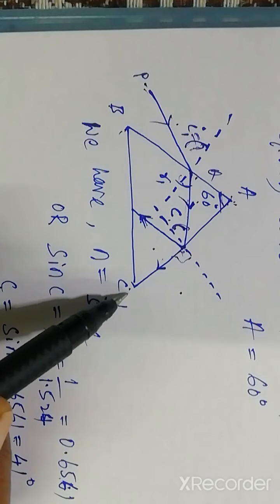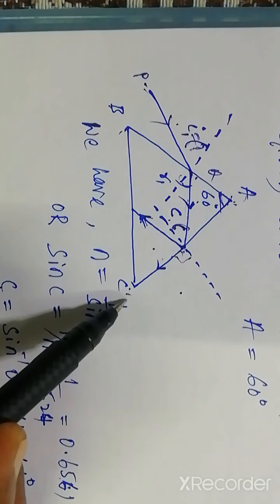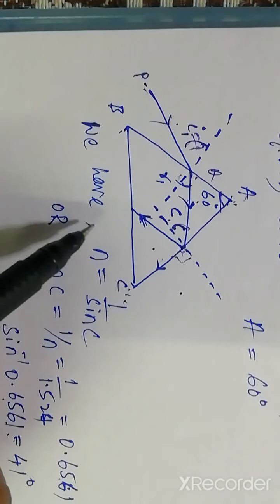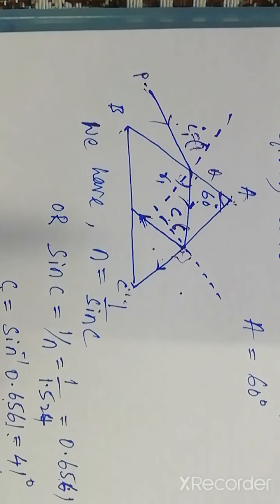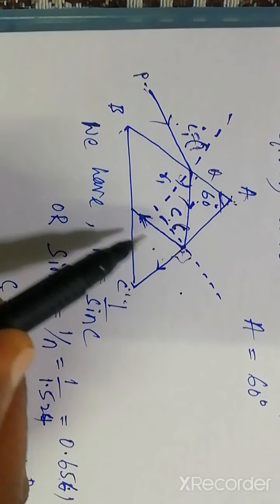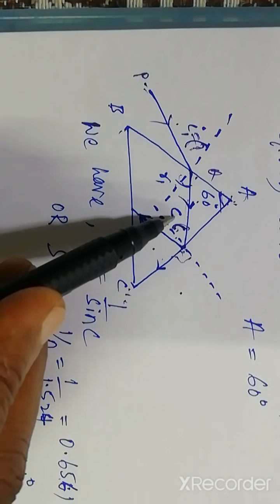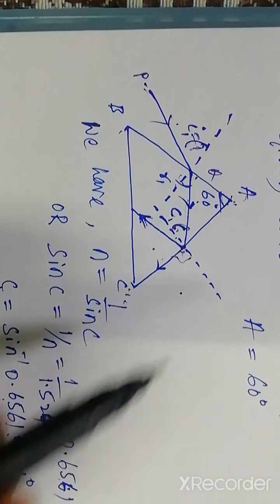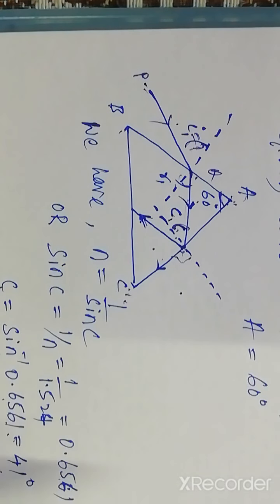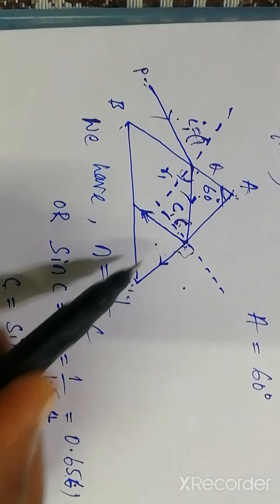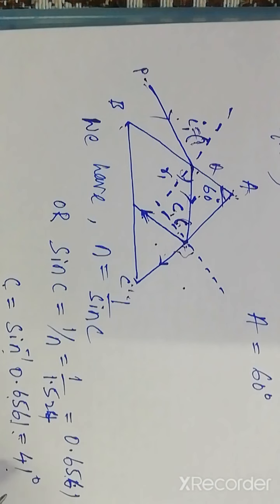At interface AC, the angle of incidence, which we take as R2, equals C only. 41 degree and 41 degree 1 second are both nearly the same. 41 degree refraction, 41 degree 1 second total internal reflection.